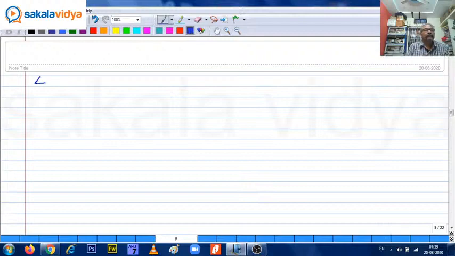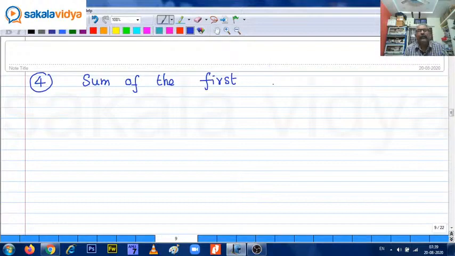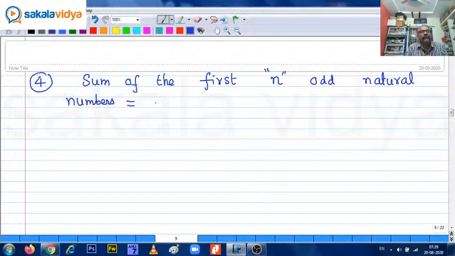Now fourth, sum of the first n odd natural numbers equals to 1 plus 3 plus 5 plus so on dash dash plus 2n minus 1.